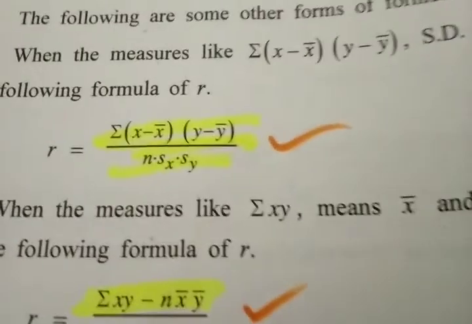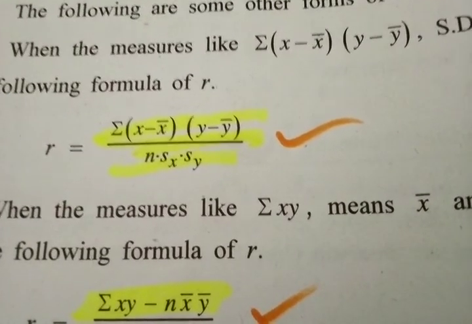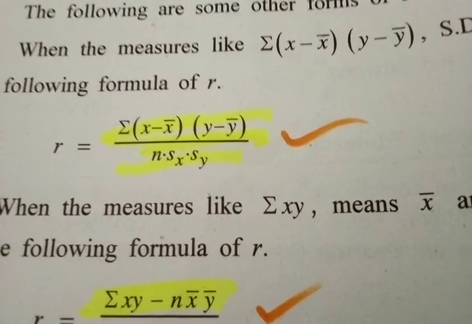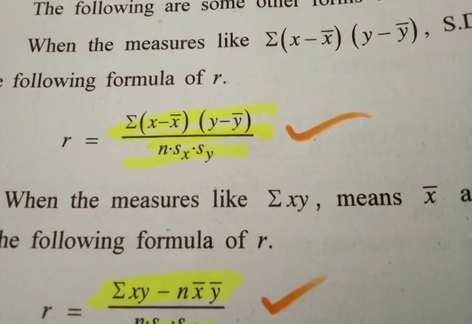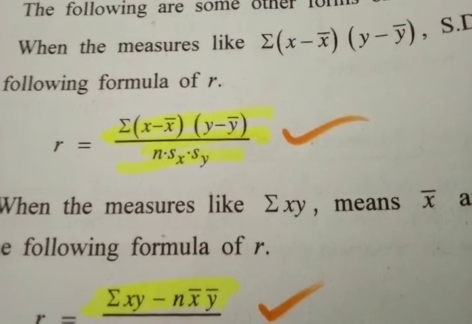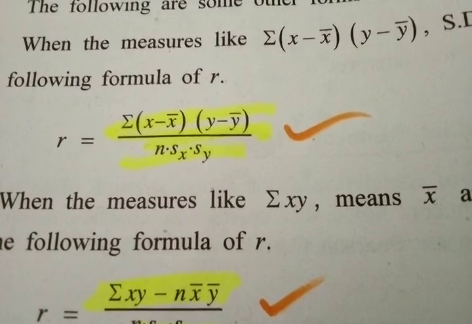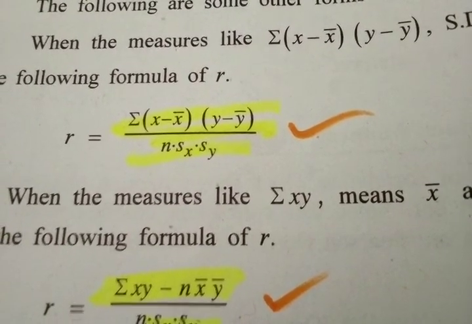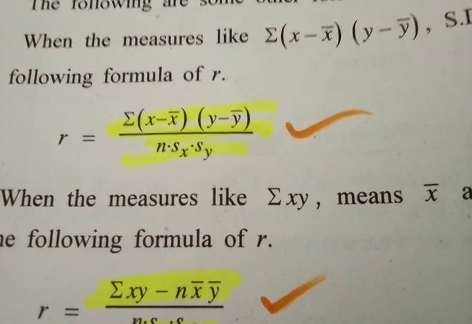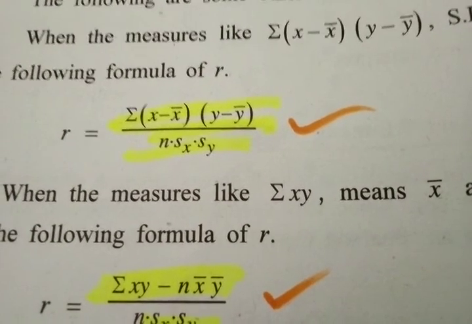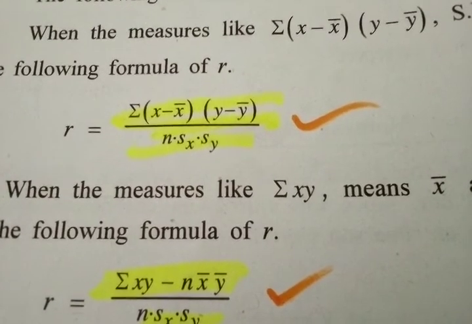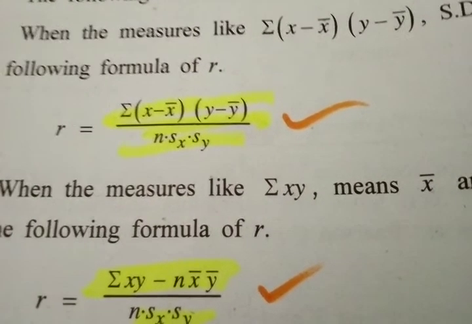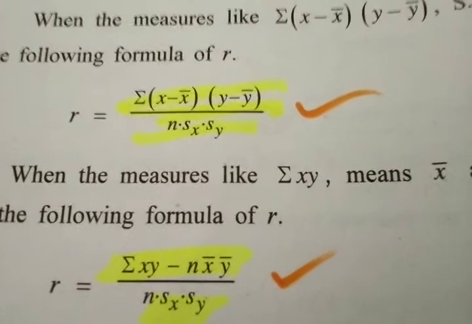Okay, another formula for r is equal to sigma x minus x bar into y minus y bar upon n into sx into sy. If you just take the first portion, that is sigma x minus x bar into y minus y bar upon n, it is actually covariance only. Sx means standard deviation of x and sy means standard deviation of y. So the original formula, covariance upon sx into sy, is the same formula which is written here as well.